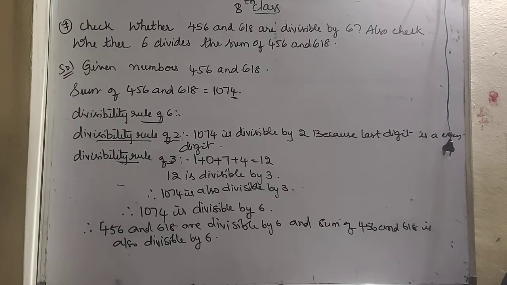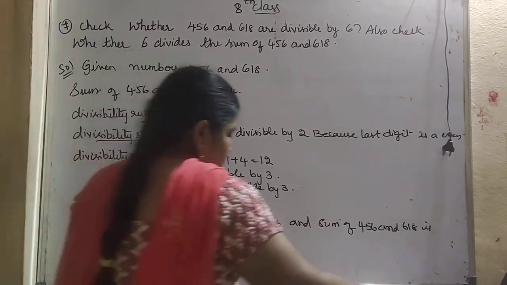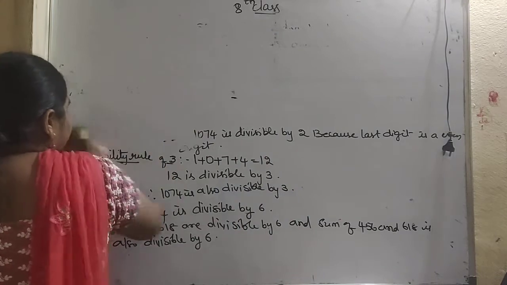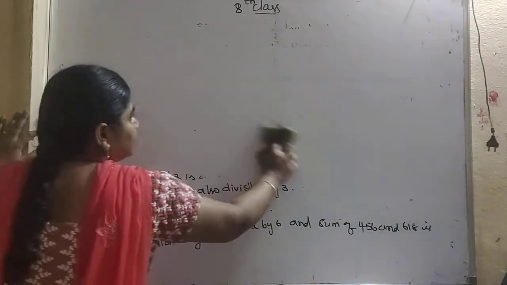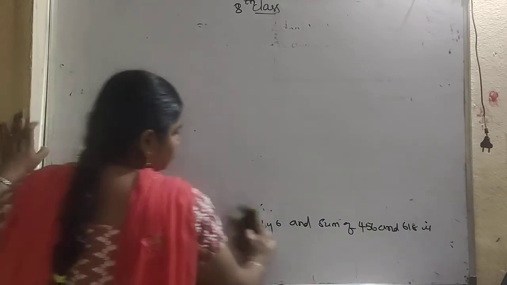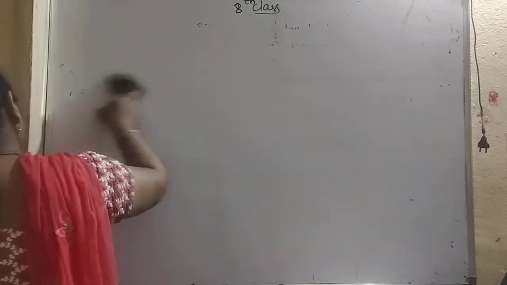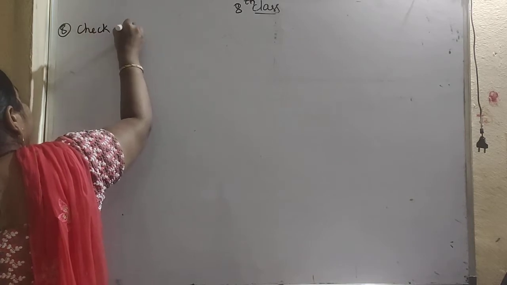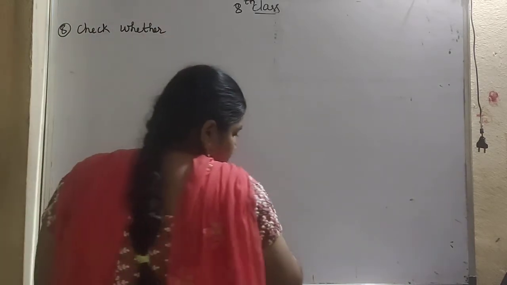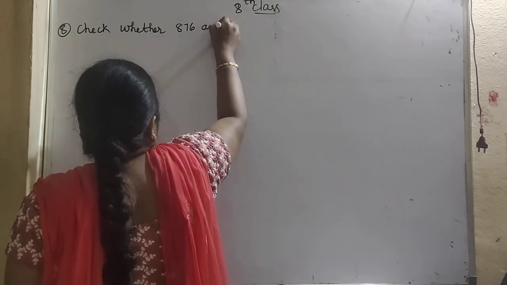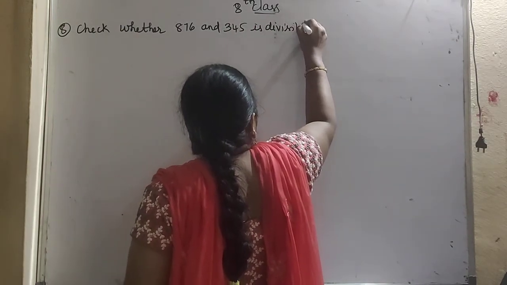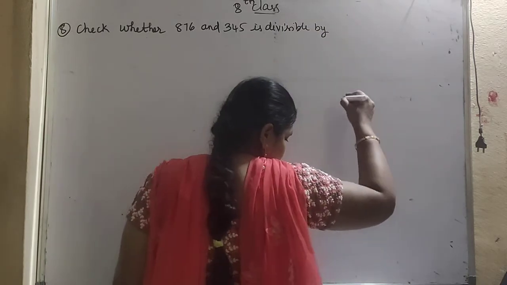So next is the 8th one. 8th question. Check whether 876 and 345 are divisible by 3.